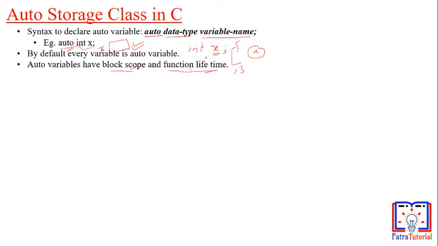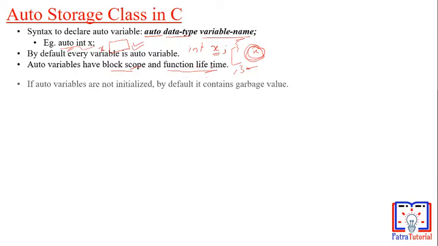And what is function lifetime? Once the program execution reaches this closing curly brace, this variable will automatically vanish. If this is the function, and once the execution reaches this point, then this will vanish. This is called function lifetime.